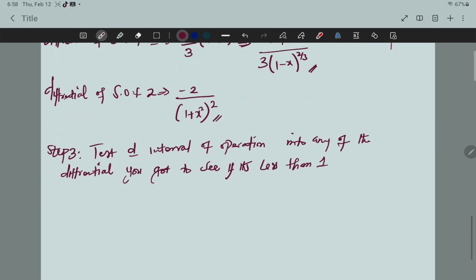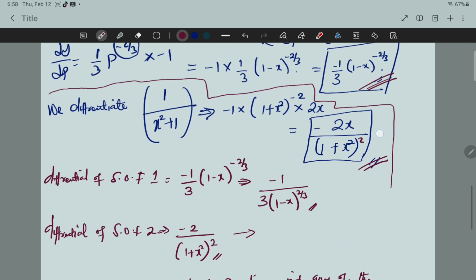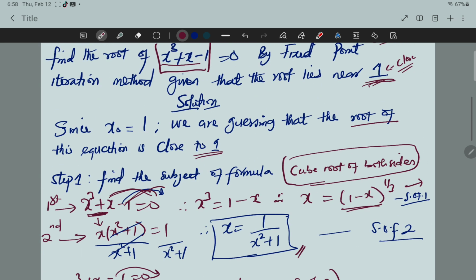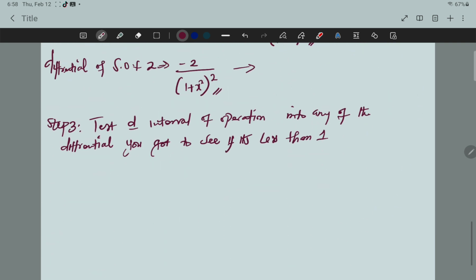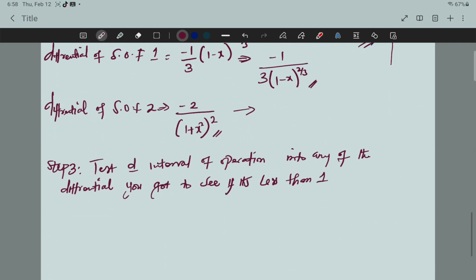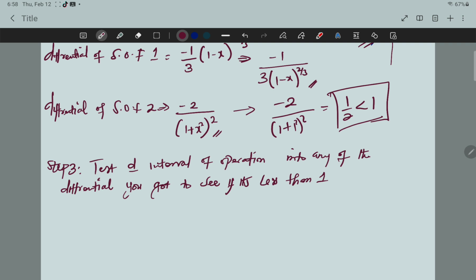So if we test that here, what interval of operation do we have? They said close to 1, so we assume that x naught is equal to 1. Let's plug that here. It means we have minus 2 all over 1 plus 1 squared raised to the power 2, and that will give us 1 over 2. So it's less than 1. Is that correct? So we are going with this differential of SOF2.